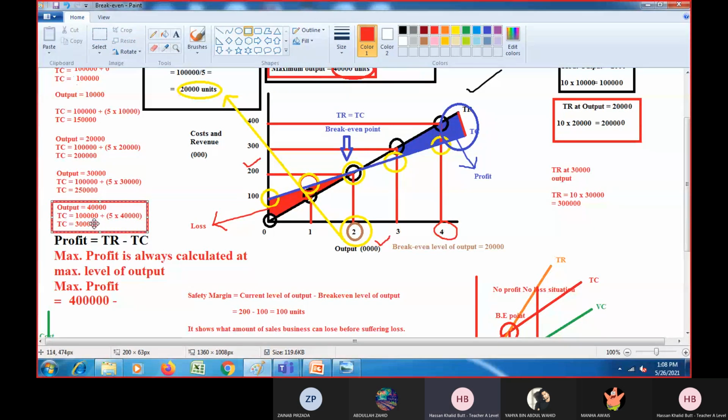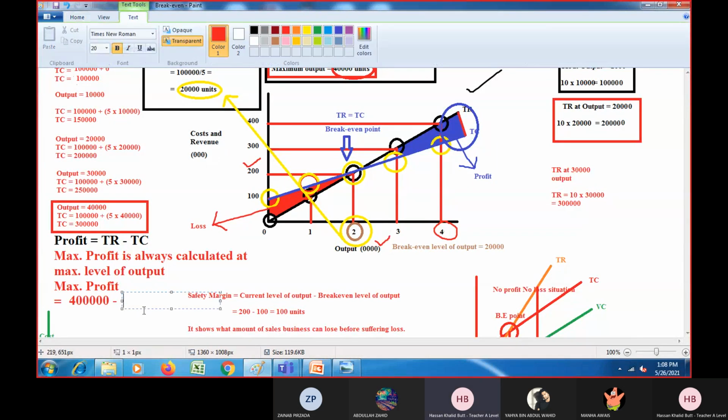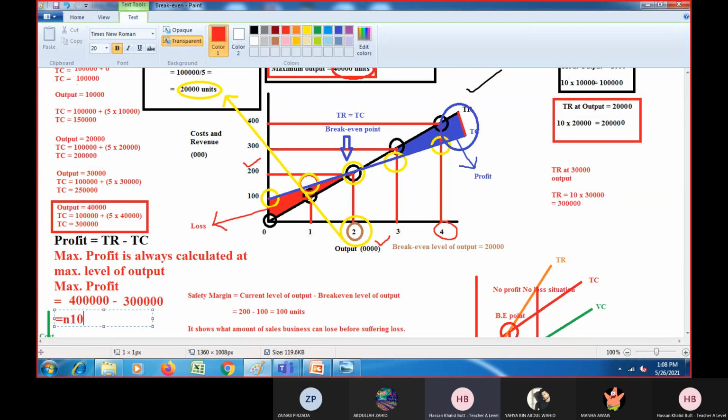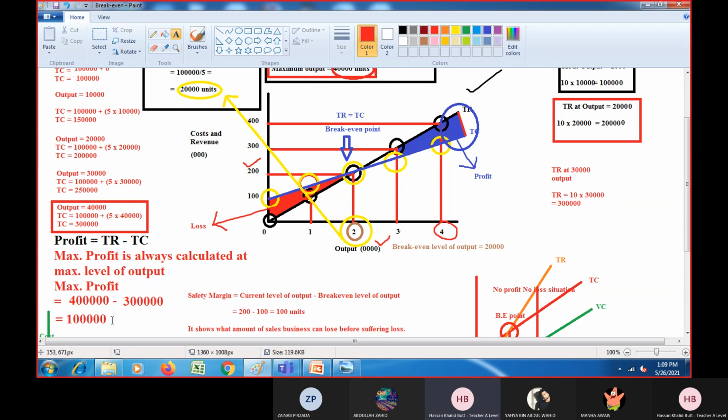Fixed cost is 100,000, and variable cost we calculated by multiplying output with variable cost per unit, that is 5. So we get 300,000. This is the total cost at maximum level of output. So we'll take 300,000, and we get the maximum profit, and that is 100,000. So this is how we calculate maximum profit. It's quite simple and not that difficult at all.